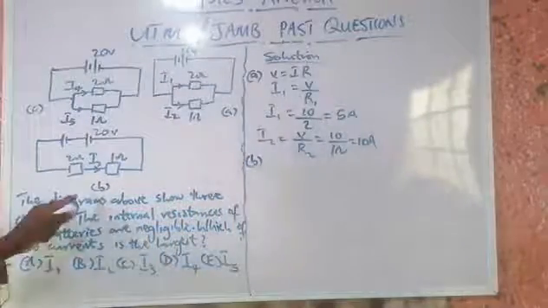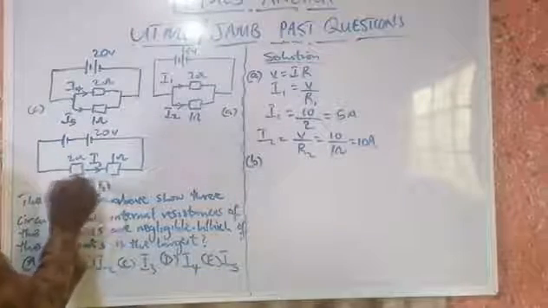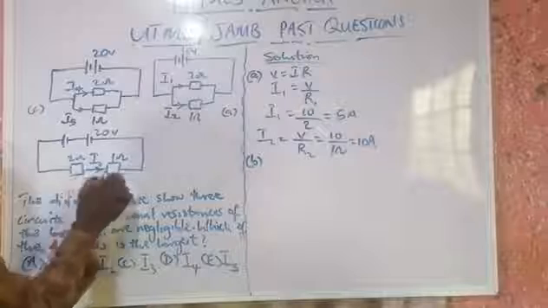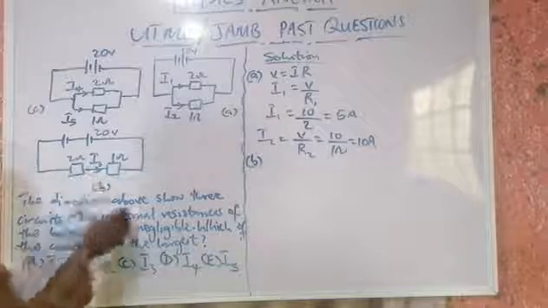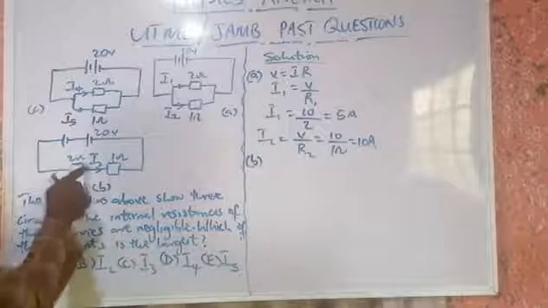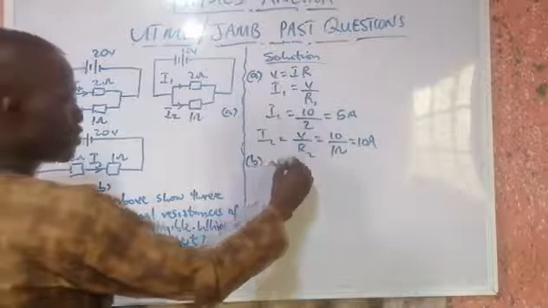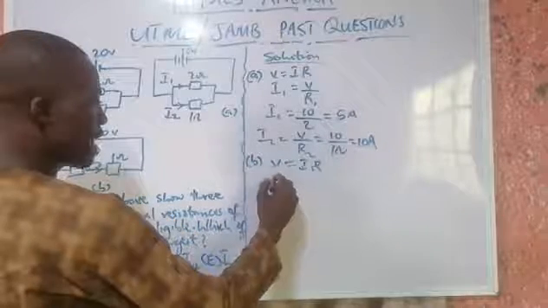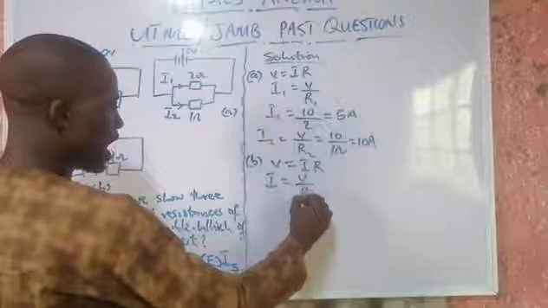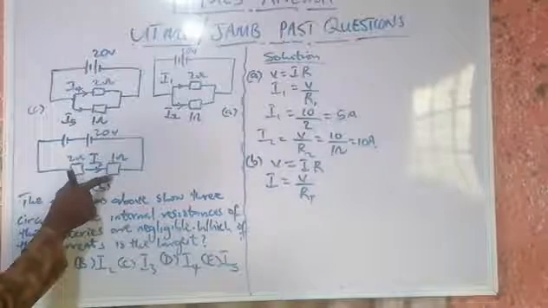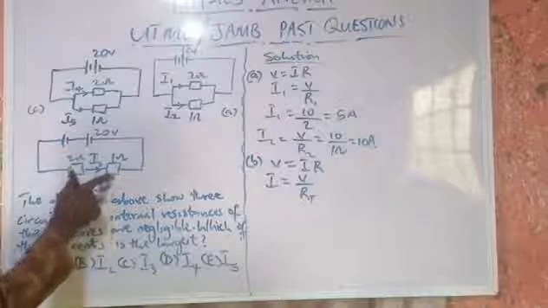Now I can go to circuit B. The two resistors here are connected in series. What does that mean? It means the same current will flow through them, and that's why we have only one current there, which is I3. For us to get this I3 we use V equals IR, so I equals V over R total. The R total here will be the series connection of these resistors, which is the addition of the two of them.